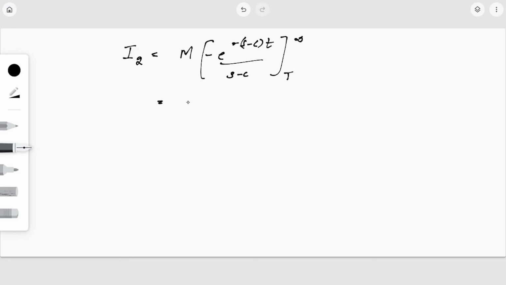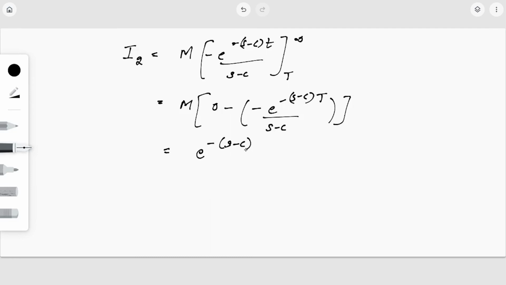So when it is infinity, e raised to minus infinity is 0, and we have minus of minus e raised to minus (s minus c) into capital T by (s minus c). So this is nothing but e raised to minus (s minus c)T by (s minus c). So this integral always exists for s greater than c.